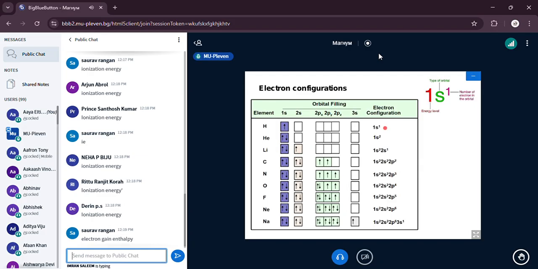The electron configuration of carbon, for example, is 1s2, 2s2, 2p2. At electron shell 1, there are 2 s electrons. At electron shell 2, there are 2 electrons at the s atomic orbital and 2 electrons at p atomic orbitals.